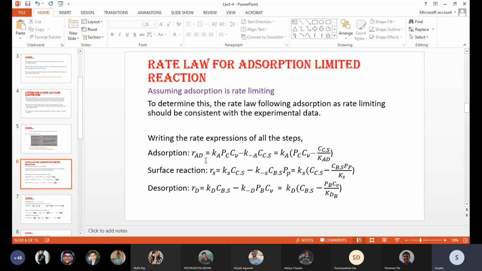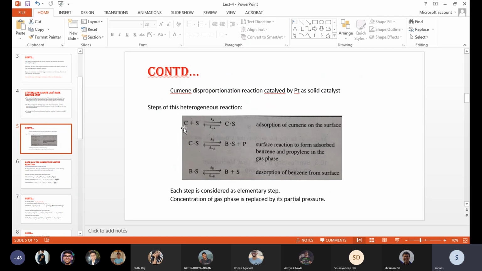You might have remembered, like yesterday I already said how we write these rate equations. The rate of adsorption is the forward rate minus the reverse rate. This is Ka into PC into CV. Look, Ka is the forward rate constant, multiplied by PC, obviously since it is in the gas phase, the partial pressure should be written in place of concentration.